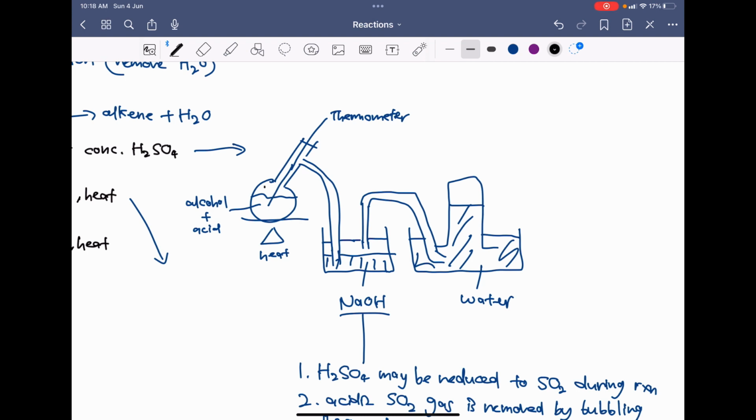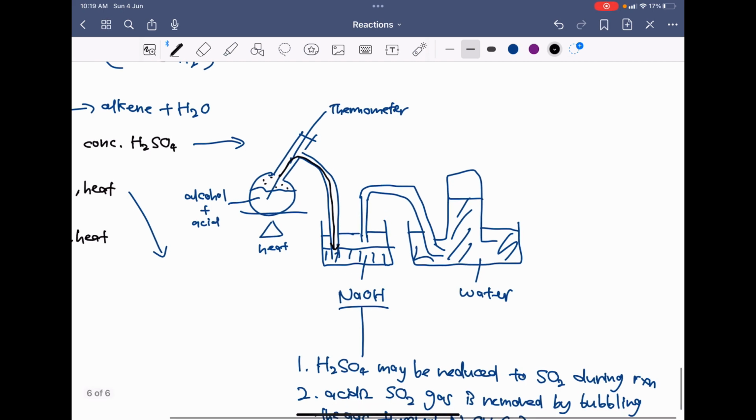And then the alkene gas and some SO2 gas would travel up here all the way down here, and then it gets bubbled through, and the SO2 gas is removed by bubbling it through the NaOH, and when it comes up here, what remains is the alkene gas, and then it goes all the way up.